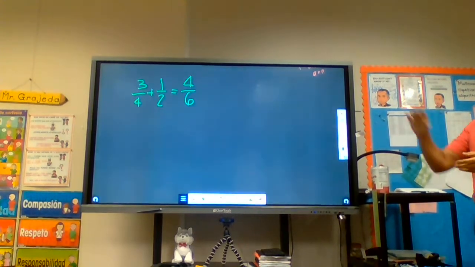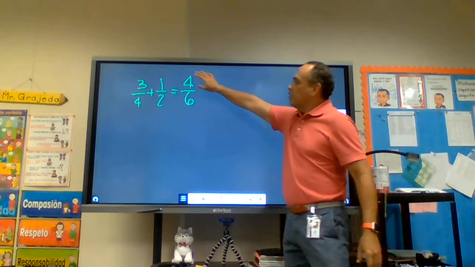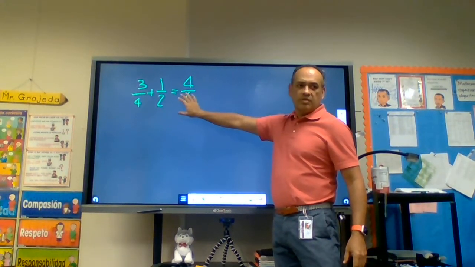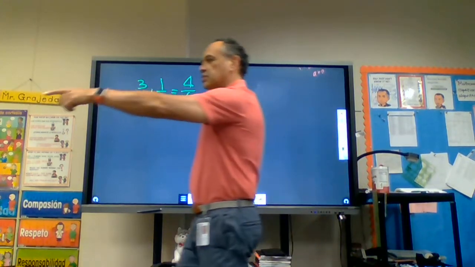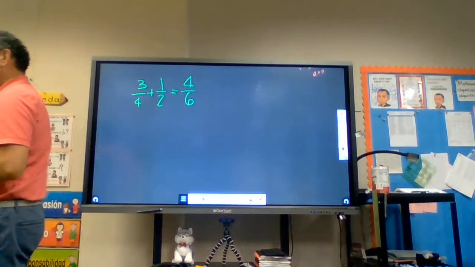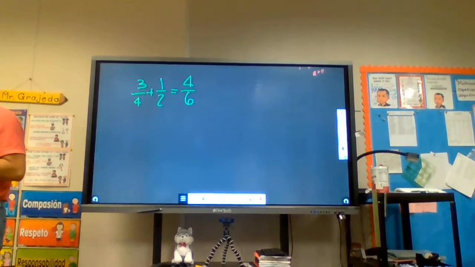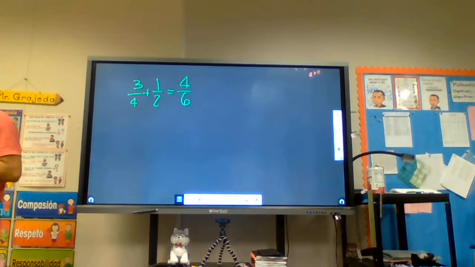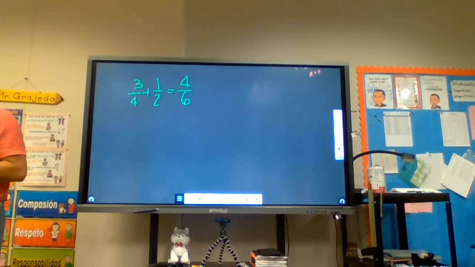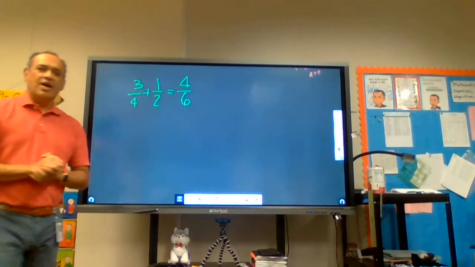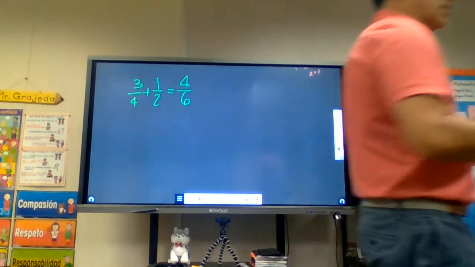Okay, so you're telling me that we can never have a number bigger than this one. We talked about that you cannot add the denominator because it always needs to stay the same. The numerator can change. Okay, so I'm hearing some good answers.